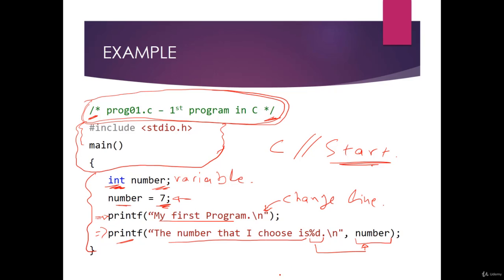So it will print my first program, it will change line, it will then print the number that I choose is, and then it will print the value of the variable number, which is 7. So it will print the number that I choose is 7, and it will again change line.